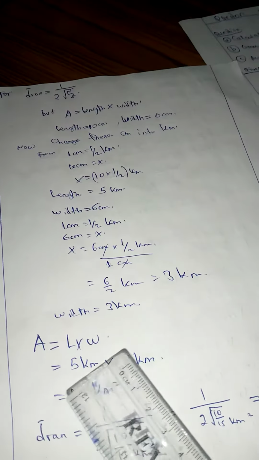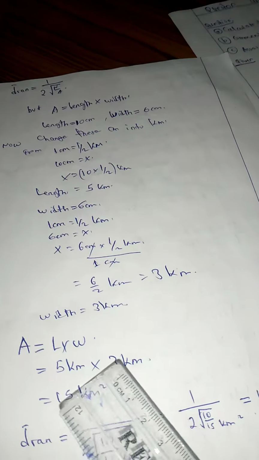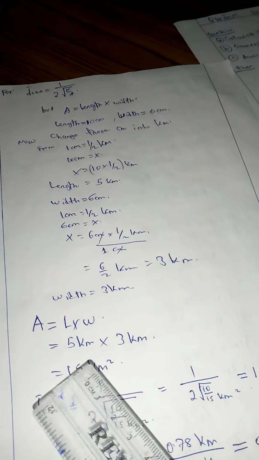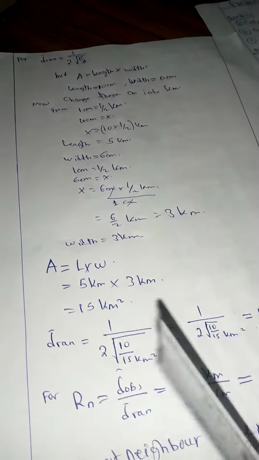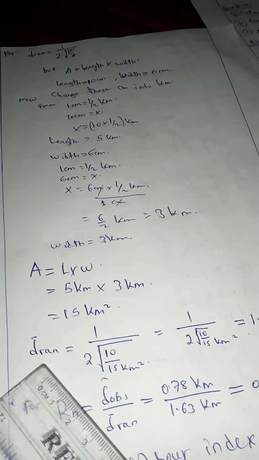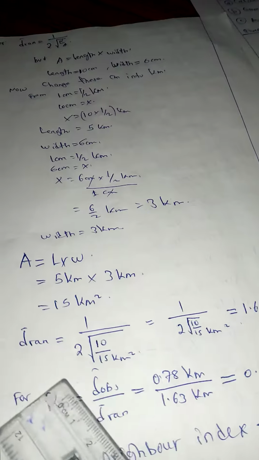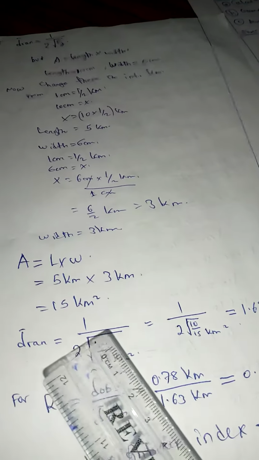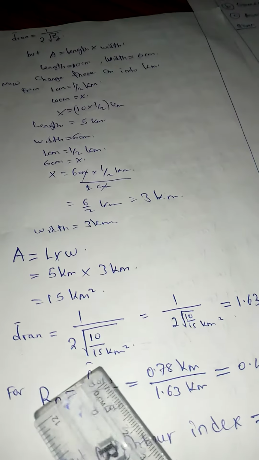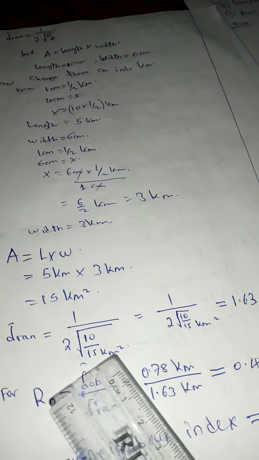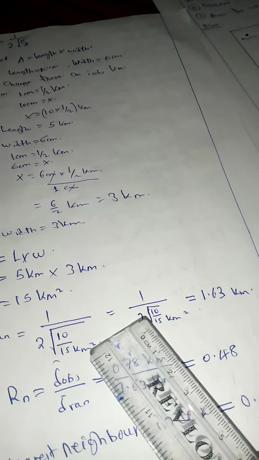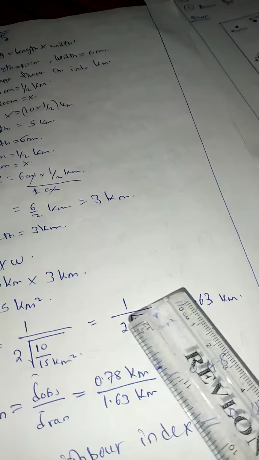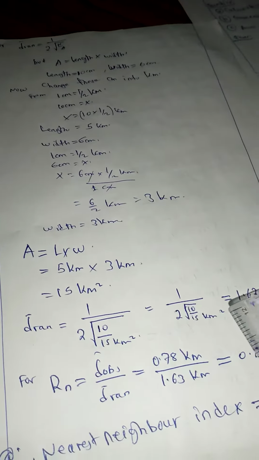Now area is length times width. 5 kilometer times 6 kilometer, which will be 15 kilometer square. Now D mean ran is equal to 1 over 2 square root of N, which is 10, over 15 kilometer square. When you simplify, you get 1.63 kilometer.